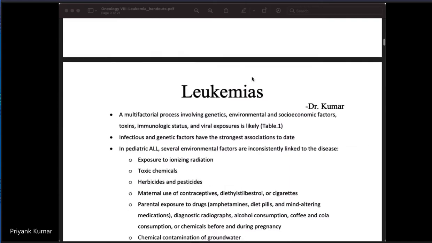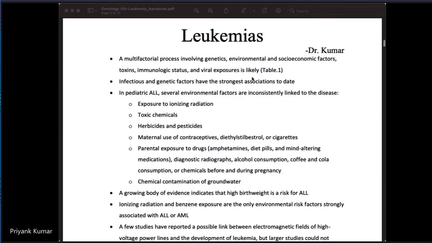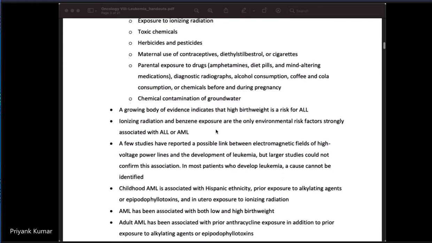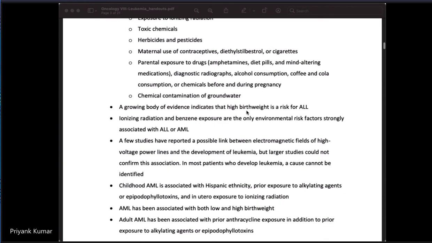Now, risk factors. In children, ALL risk factors are exposure to ionizing radiation, toxic chemicals, herbicides, pesticides, maternal use of contraceptives, for example diethylstilbestrol, or cigarettes, paternal use of mind-altering or cognition-altering drugs like amphetamines, diet pills, diagnostic radiographs, alcohol consumption, coffee, cola consumption, or chemicals before and during pregnancy.